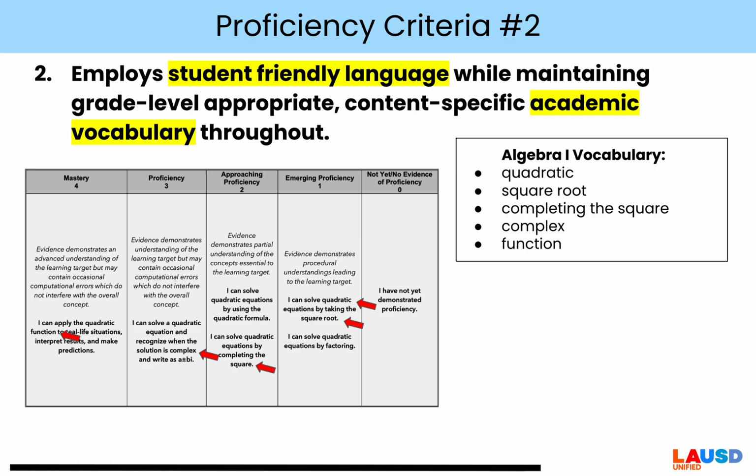So on the screen now, you can see some of this academic vocabulary highlighted. We've got Algebra 1 vocabulary, including quadratic, square root, completing the square, complex, and function.